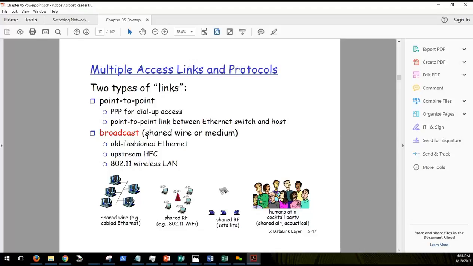With respect to shared wire, the old-fashioned Ethernet was considered a broadcast type link. Also upstream HFC and 802.11 wireless. Any kind of wireless configuration is a shared medium. In other words, we're sharing the airwaves.